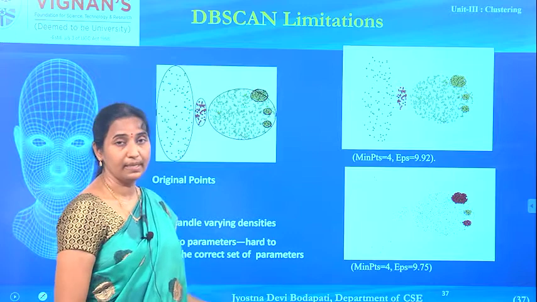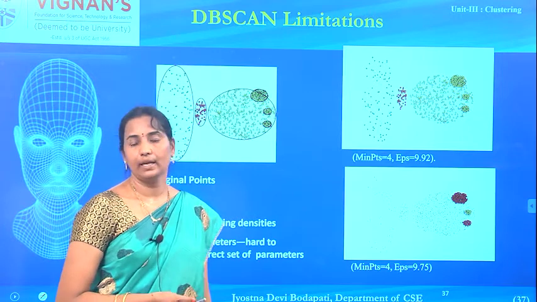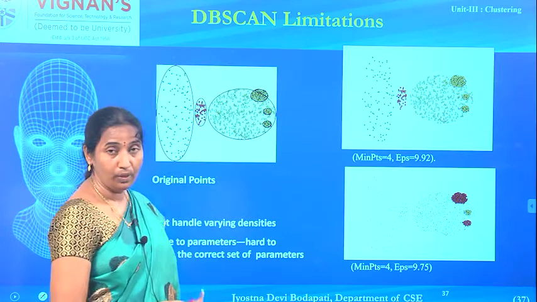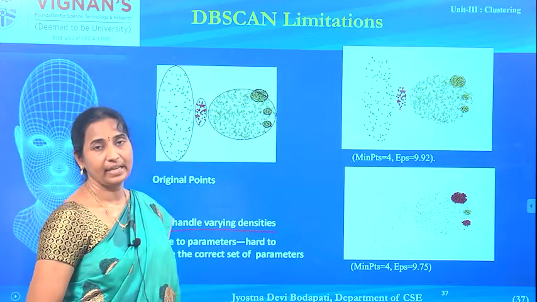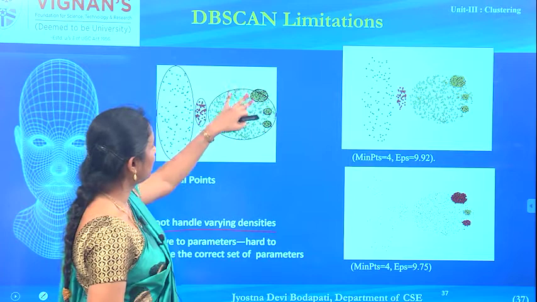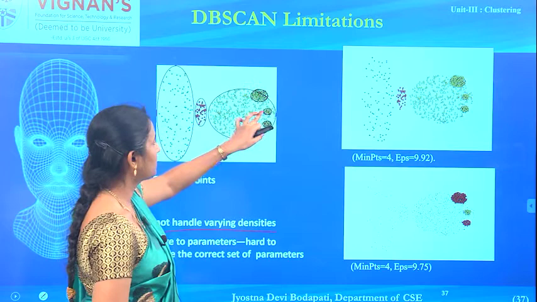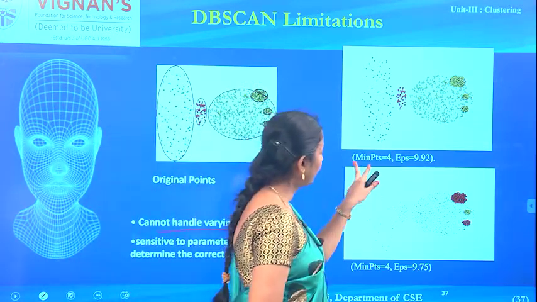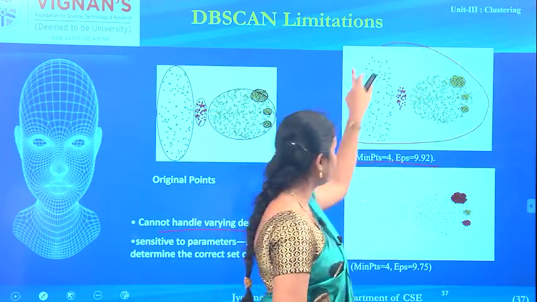Another limitation of the DBSCAN algorithm is, of course, that it is very much sensitive to noise. In addition to that, when the data has varying densities, DBSCAN also fails to work. If you consider data with different densities, here it is too dense, here it is very sparse, but it should be identified as one cluster, and the dense portions should be identified as other regions. If I take minimum points as 4 and epsilon as 9.92, these are the clusters I am getting.